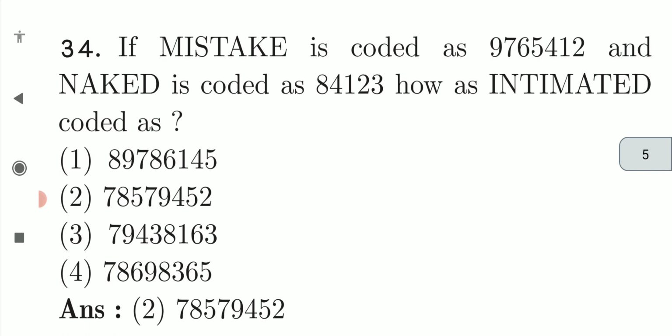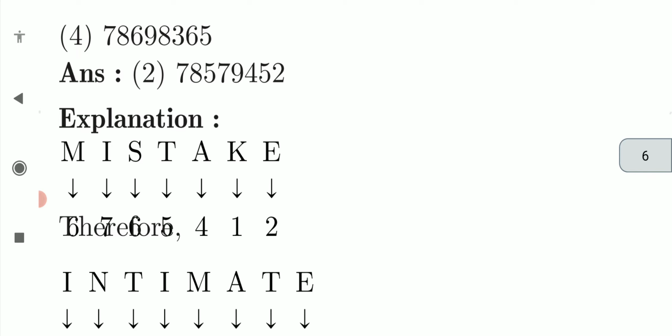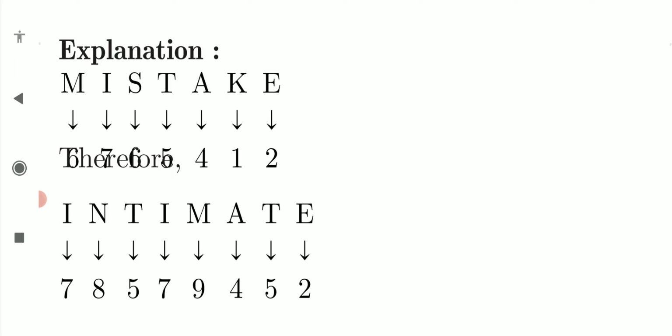If mistake is coded as 9765412 and naked is coded as 84123, then intimated is coded as what? For this question, for mistake and the others, there is one particular letter. For I, it's 7, so in intimated, I means 7. Here A means 4.